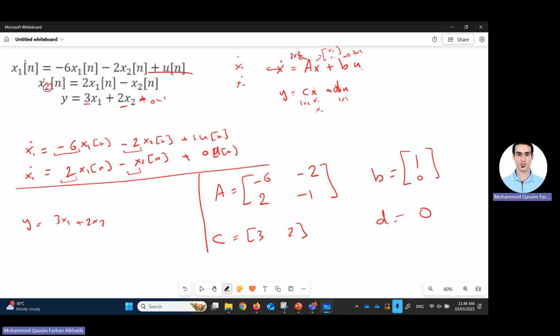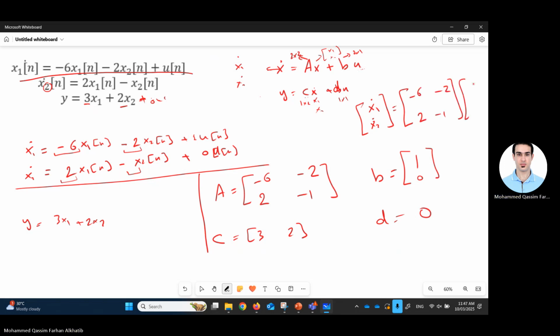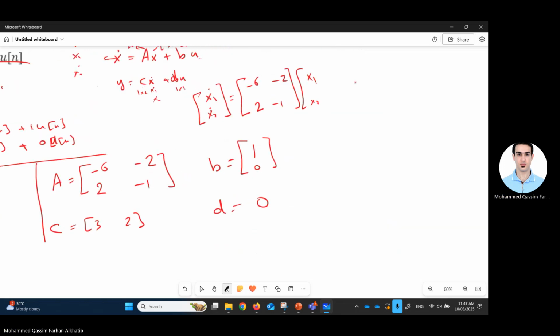So that's the first expression here. Basically you want to write the full system. So it's going to be x1 prime, x2 prime equal negative 6, negative 2, 2, negative 1, x1, x2, plus 1, 0 u.